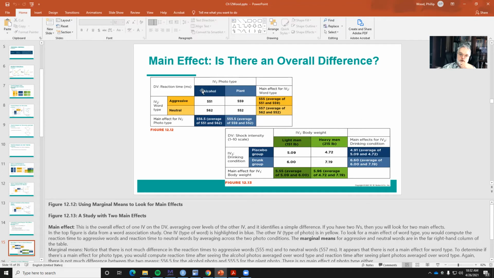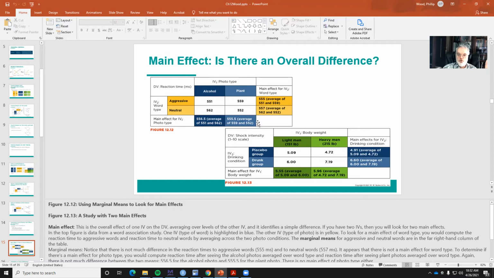And similarly, I can look at it vertically and calculate an average of 551 and 562 and get 556.5, and do the same thing for plant, and compare these two numbers and ask myself the question, is there a main effect for alcohol versus plant conditions? Like when you are shown an alcohol photo, is that necessarily going to affect all of your reaction times, regardless of whether you are looking at an aggressive or a neutral word?